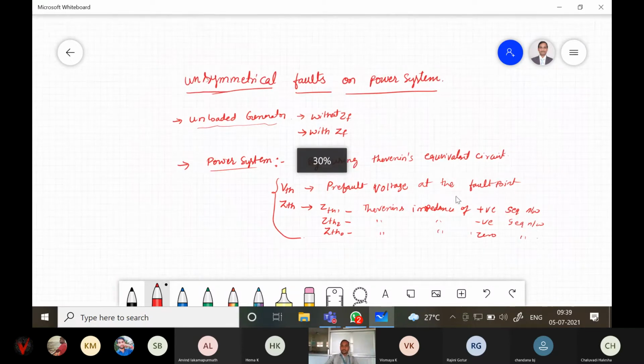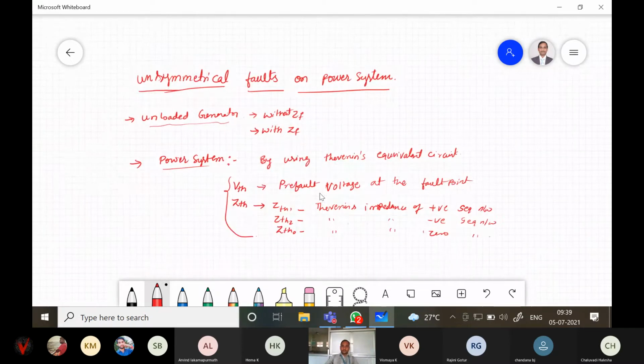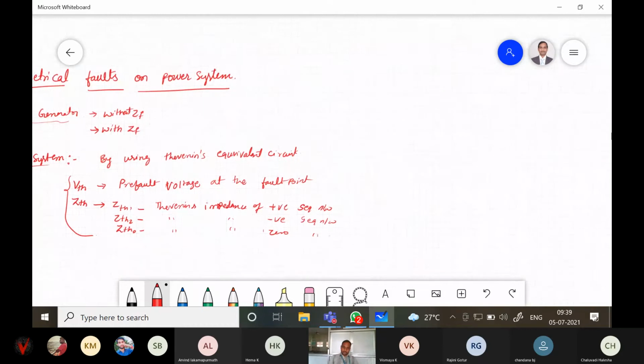We can represent the Thevenin equivalent positive, negative and zero sequence networks like this. This is VTH, the Thevenin equivalent voltage, in series with Z1 or ZTH1.